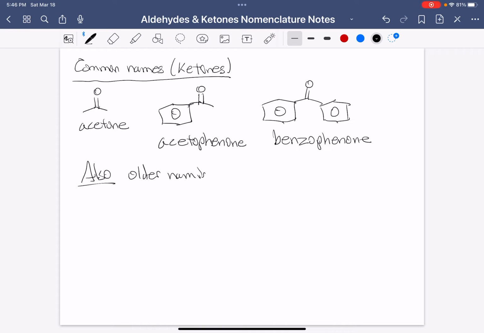There's also an older naming system for ketones. You name the two alkyl chains, and I'm going to change that. Let me erase here and call them hydrocarbon chains. Then add ketone.